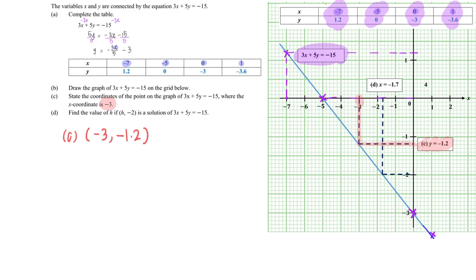And part D, find the value of h if h is an x coordinate that corresponds to y coordinate negative 2, which is here. So I can actually make use of the graph.